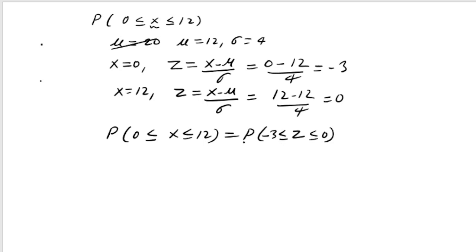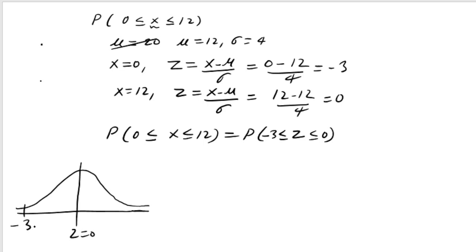Right. Now if I draw the normal distribution curve for your convenience one more time, basically which region do we have to calculate? This is z is equal to 0, and suppose I say this is minus 3 and this is plus 3. So we have to calculate the area from minus 3 to 0. And you know from the symmetry that the area between minus 3 to 0 will be equal to the area between 0 to 3.